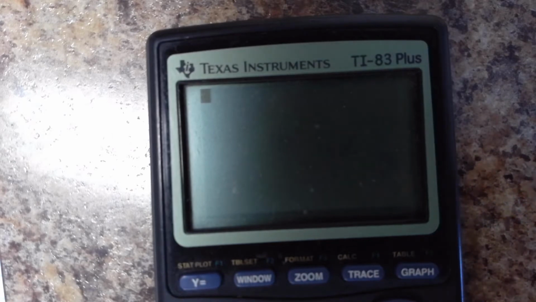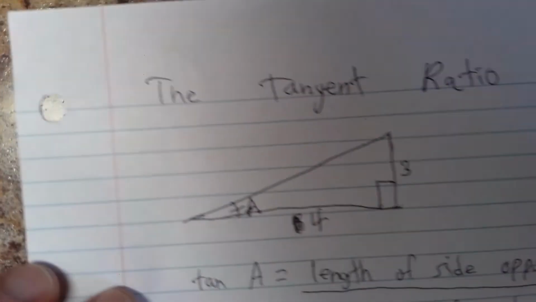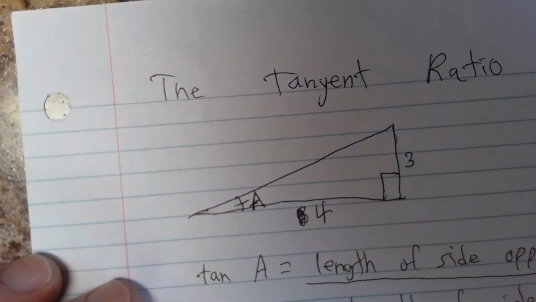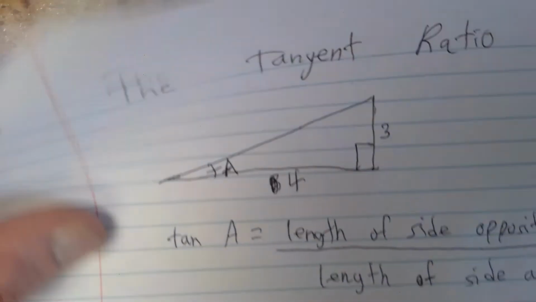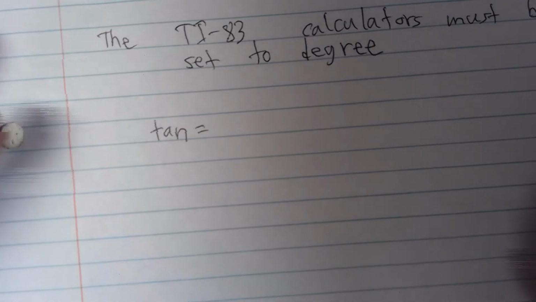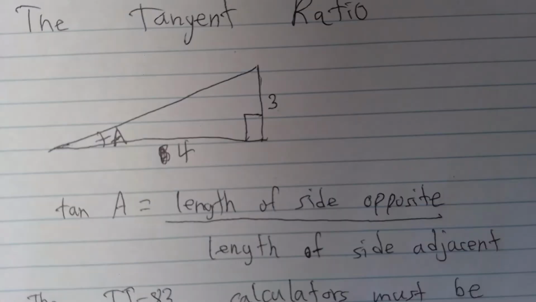So how do we do this math then? Got our calculator set up. We know about our formula. We're going to now solve this triangle. We're going to find the measure of angle A using the method. So, tangent is equal to length of side opposite, right?